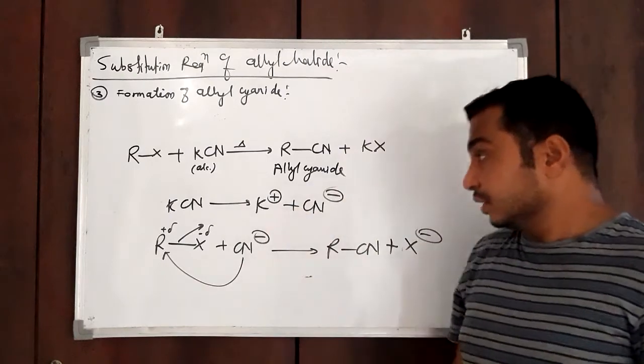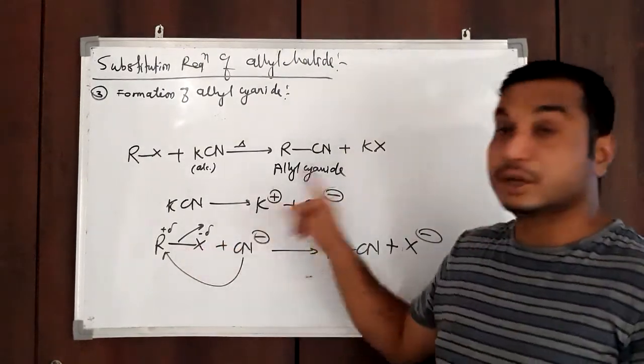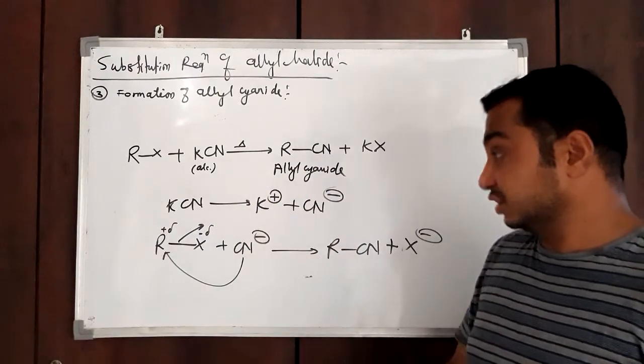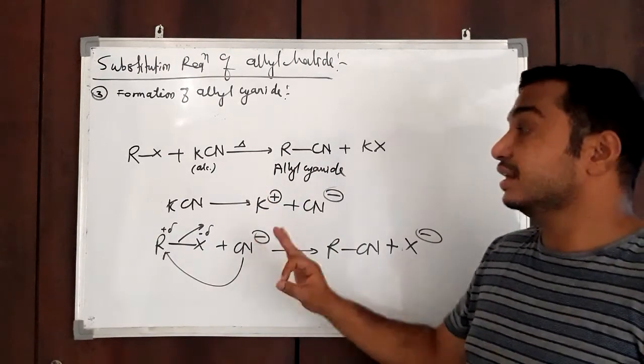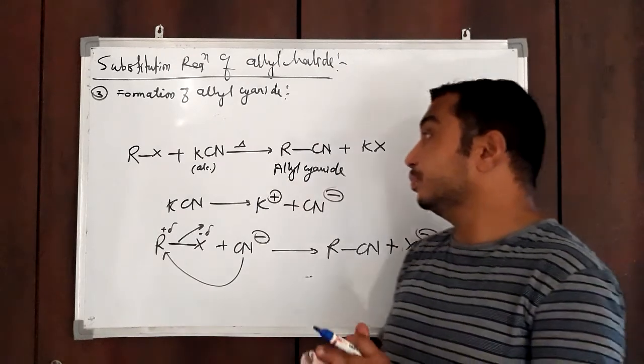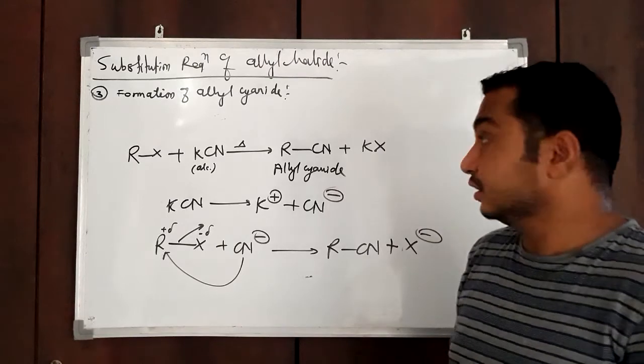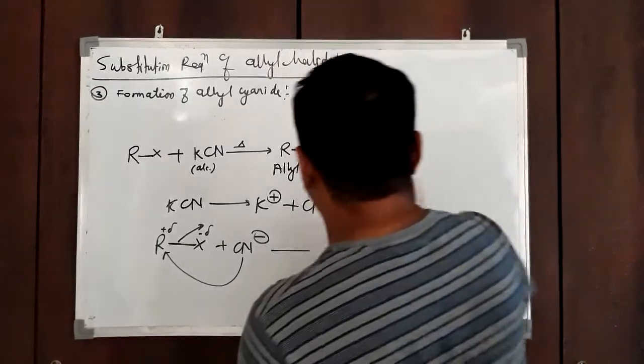So CN minus is a nucleophile, and it replaces another nucleophile, X minus, from the alkyl halide. Therefore, it is an SN reaction. By using this reaction, we can easily prepare alkyl cyanide or alkyl nitrile molecules. Okay, example.